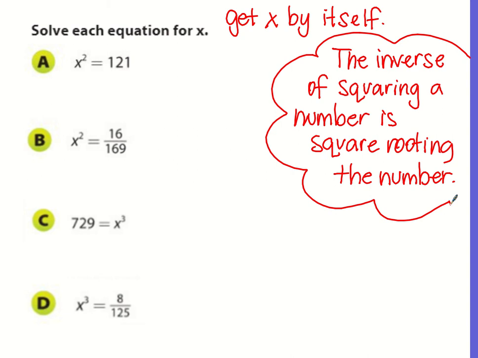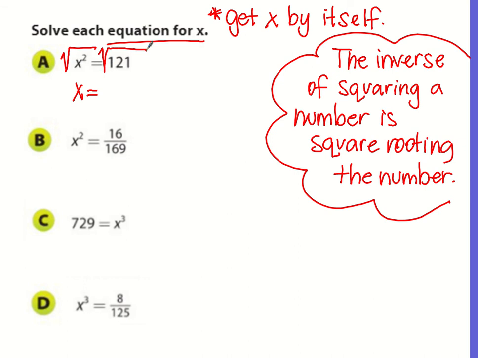We haven't done a lot of solving equations with variables, but if I want to get x by itself, I have an x squared and I want x by itself. If I square root x squared, doesn't it mean x times x got me x squared? So the square root of x squared is x. And when you solve equations, what you do to one side, you do to the other.